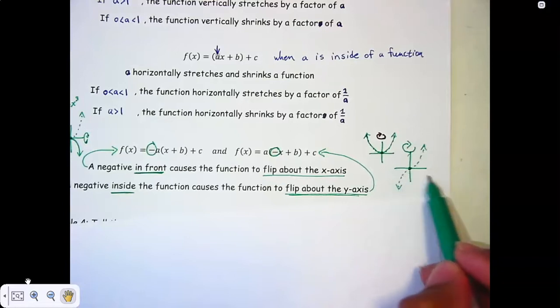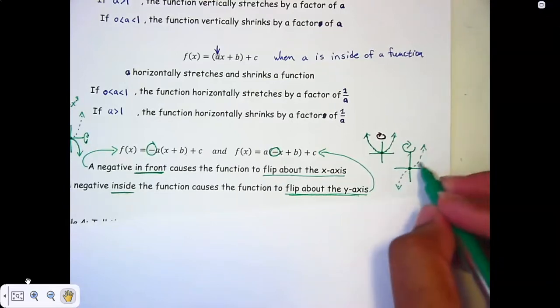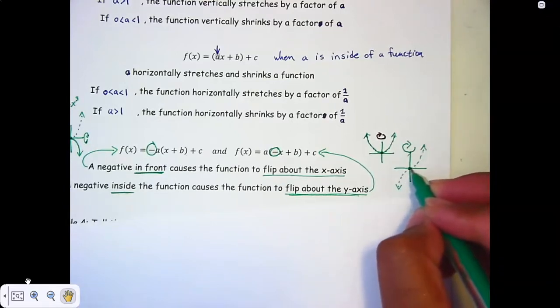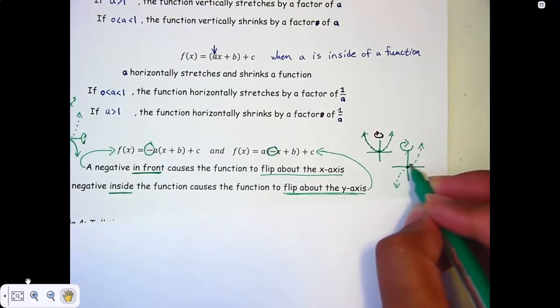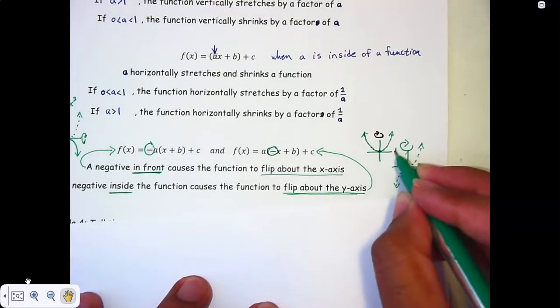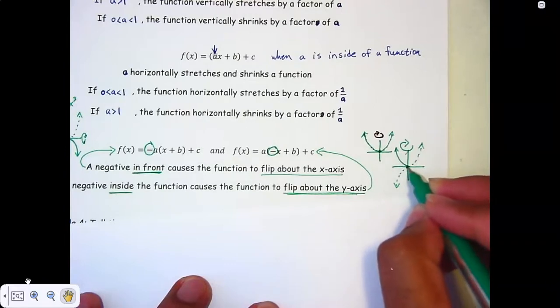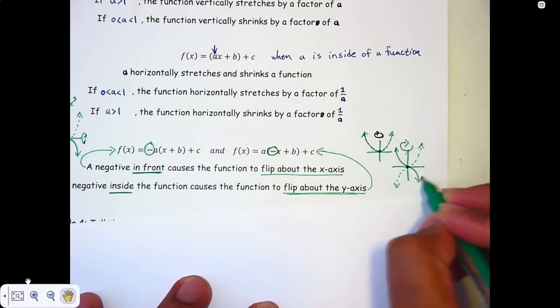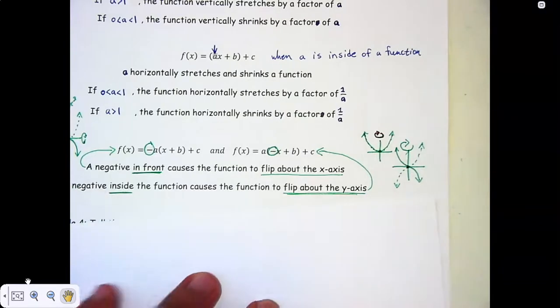This one's going to flip over on that side. So here it's going to go up that way, and this one's going to rotate over here. So it's really the same graph as that one. But yeah, that's how it's working.